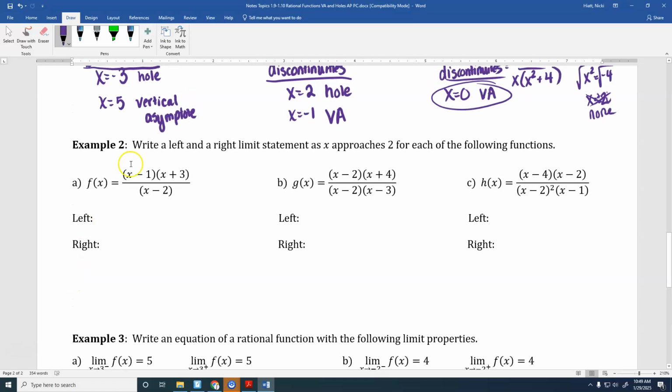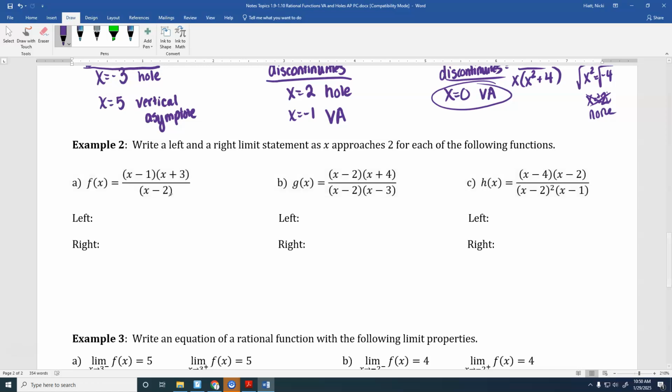All right, so we are supposed to write a left and right limits statement as x approaches 2 for each of the following functions. Okay, so for f of x equals (x minus 1)(x plus 3) over (x minus 2).